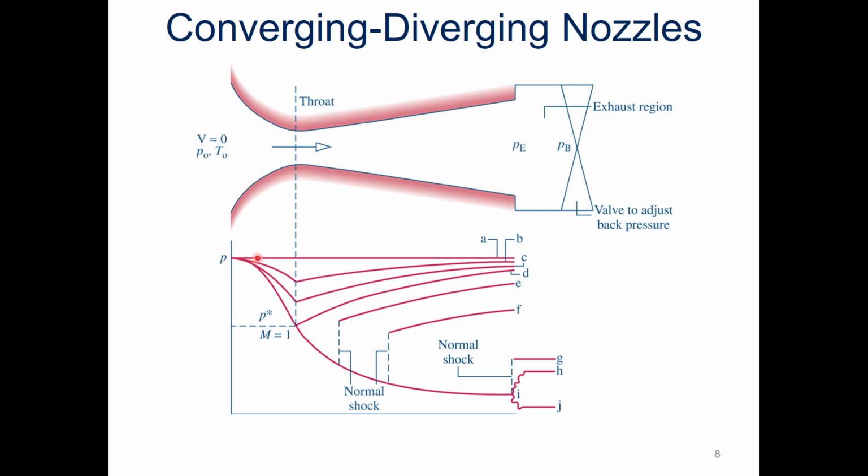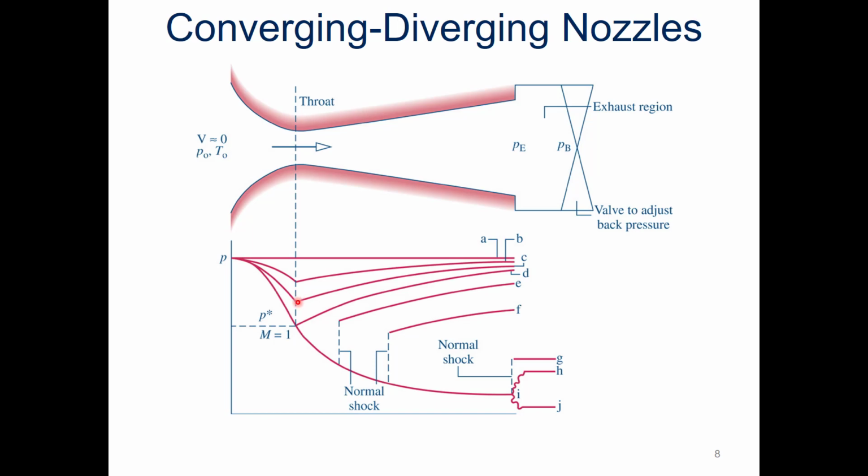As it goes through the subsonic nozzle, the speed increases. All right, the pressure drops, the speed increases. After it goes through the throat, it works as a subsonic diffuser and slows down. The pressure increases to the exit pressure for case B. Case C, we drop the pressure outside a little bit further. So now the pressure goes down a little bit further.